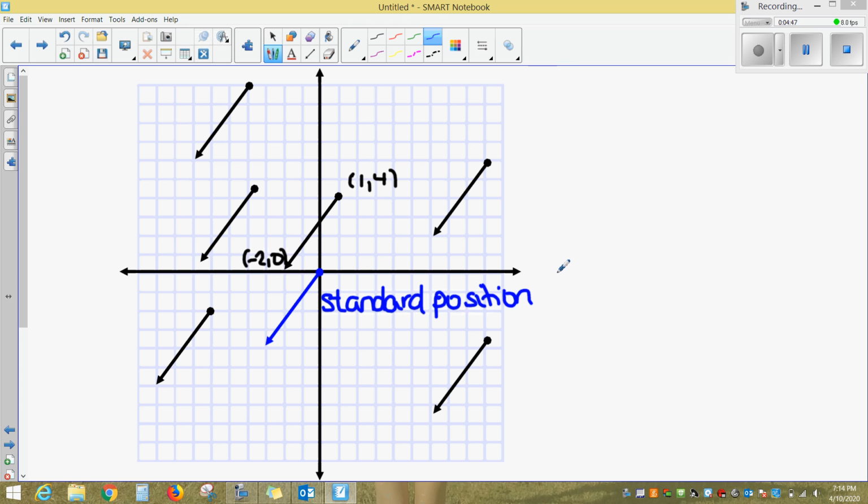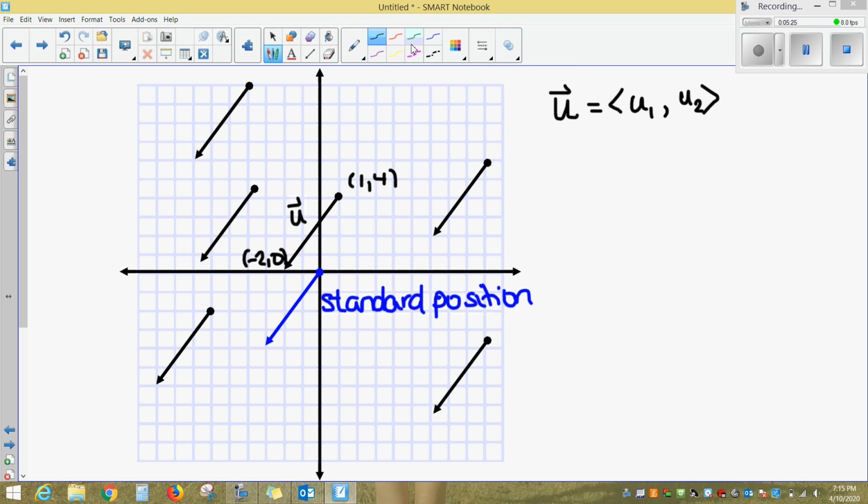Now, when we're writing our vector, we'll call this vector U. We use pointy brackets. We call it the component form of the vector. I had a teacher that called it pointy bracket notation, so I typically default to that, especially if I'm not being very formal. The first component tells me my change in x, and the second component tells me my change in y.